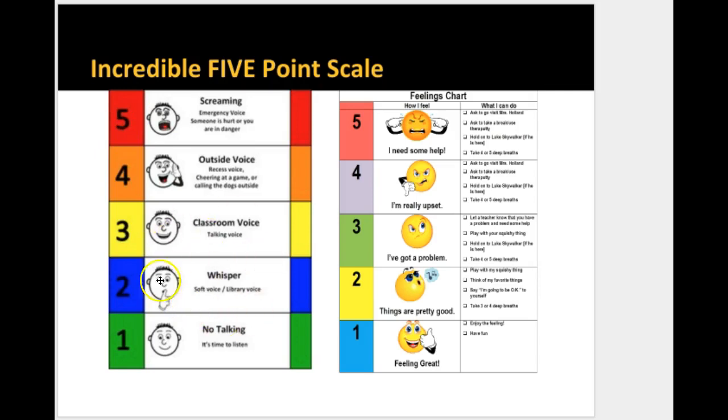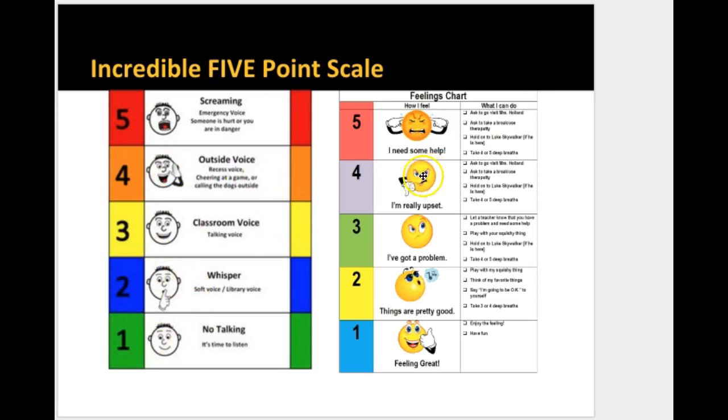If I were working, as a class, on the noise level in my classroom, I might say right now we're at a 3, boys and girls, and we need to be at a 1. Or I might say we're using our outside voices, we're at a 4, but we need to be at a 2. And so I can use this scale to help children tangibly understand what behavior we're targeting.